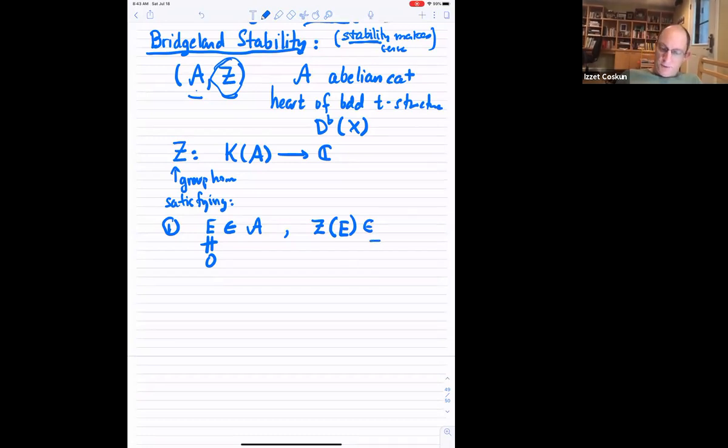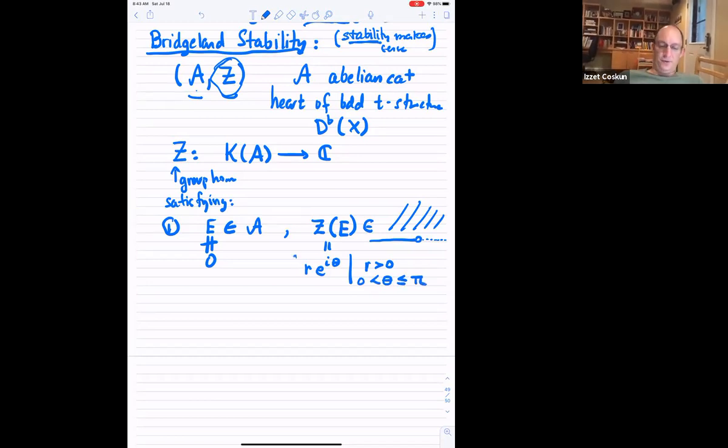It means you are allowed to be in the negative reals, but you're not allowed to be zero or the positive reals; the imaginary part has to be positive. In other words, I can write this as R e^{i theta} such that R is always positive and theta is between 0 and pi. I allow pi, but I don't allow 0.